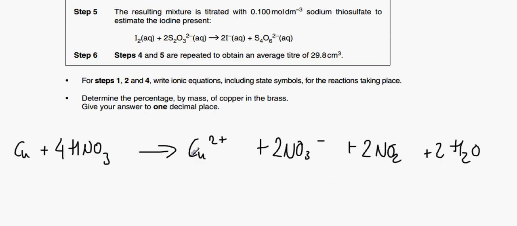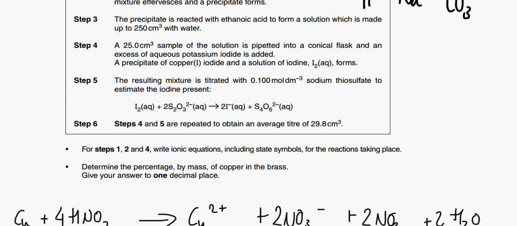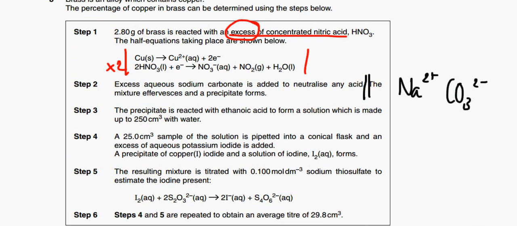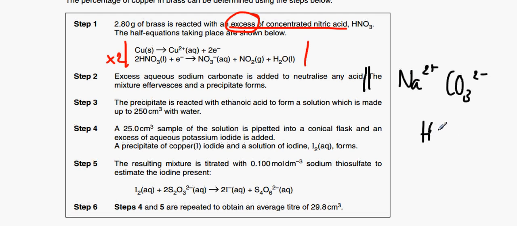So, with all of this in the solution right now, we still have HNO3 in there as well, because it is an excess. So, what we've got to do is split that HNO3 into ions, which is H plus and NO3 minus.